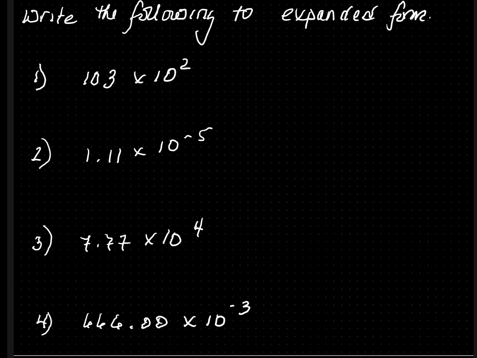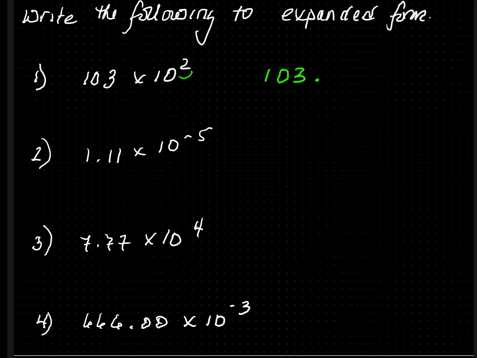For number 1, we have 103 times 10 to the 2. I look at the first part of the number, which is 103. I locate the decimal, which is not given, so it must be located after the last digit, which is 3.